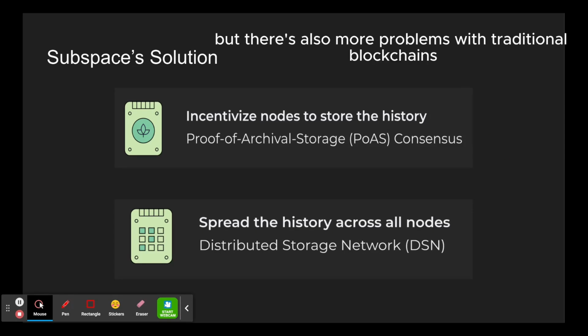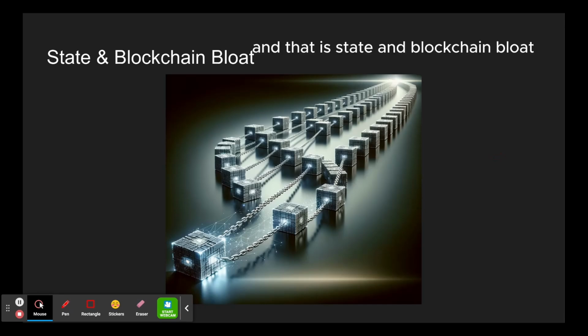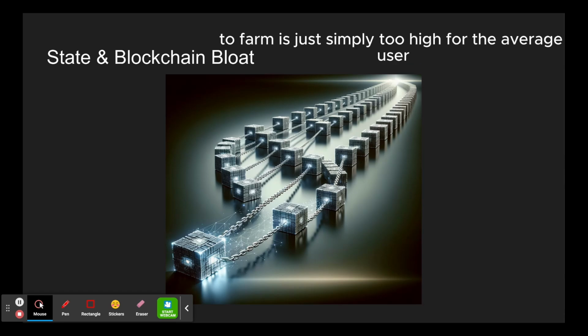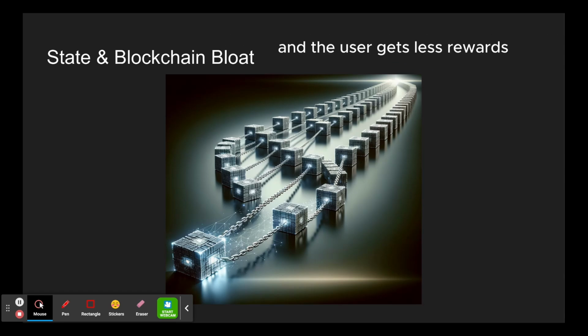But there's also more problems, and that is state and blockchain bloat. Essentially, as the blockchain grows, the history also gets larger. And it gets to the point where the storage required to farm is just simply too high for the average user, and the user gets less rewards.